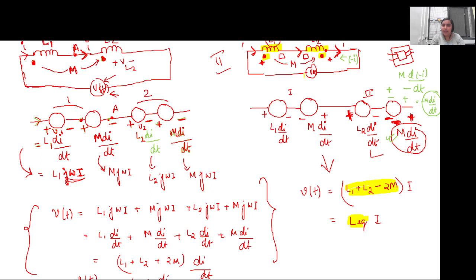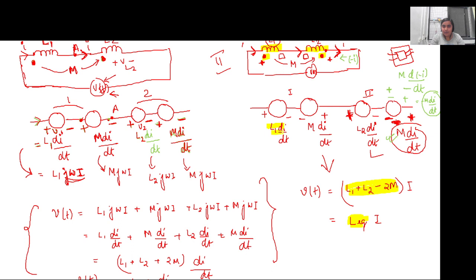So can we apply it to the circuit that we have now? Can we? It is the same thing, right?